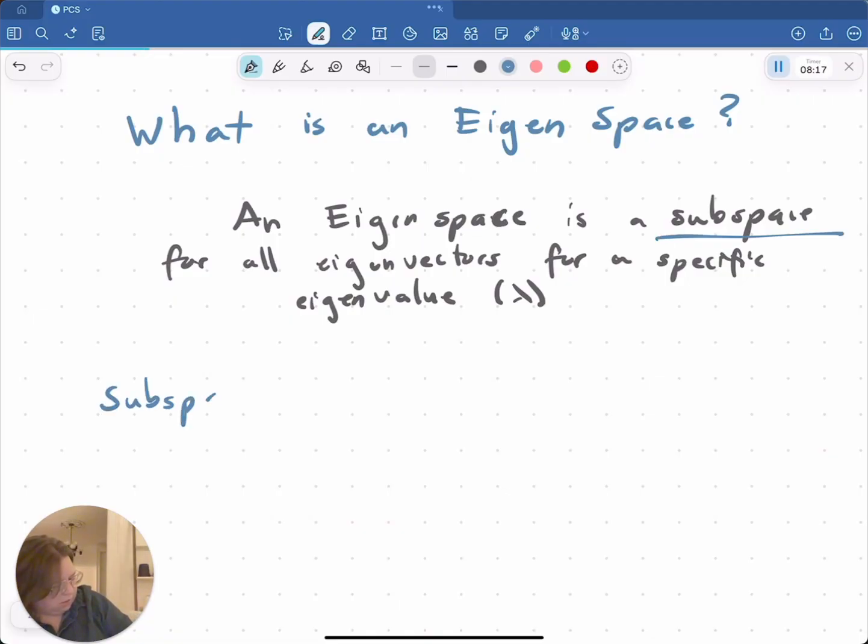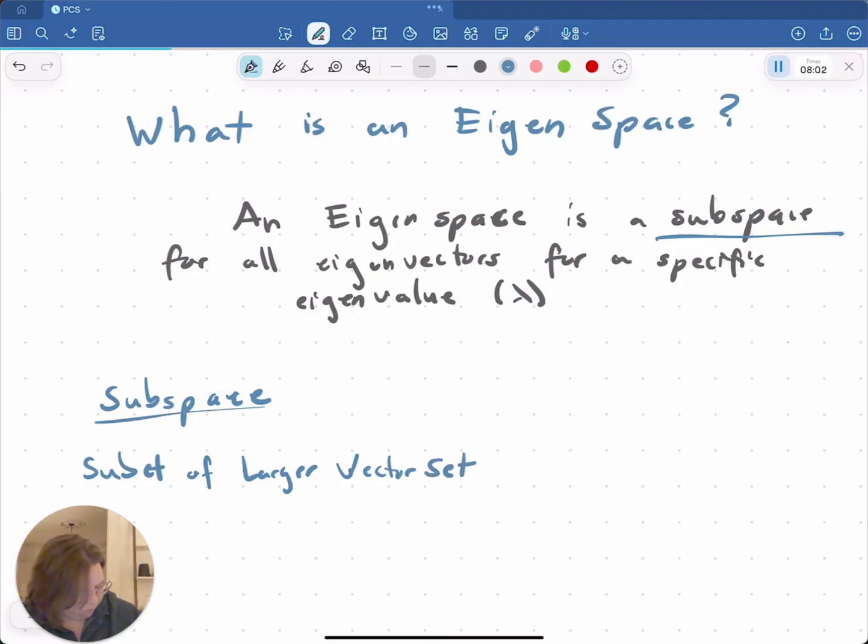A subspace is a subset of a larger vector set where three things are true. One, it must have a zero vector.